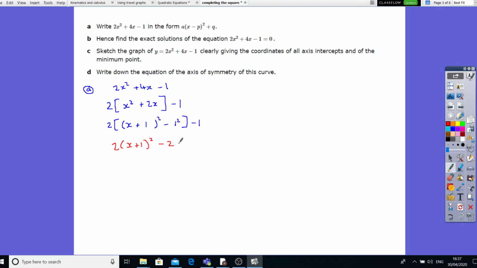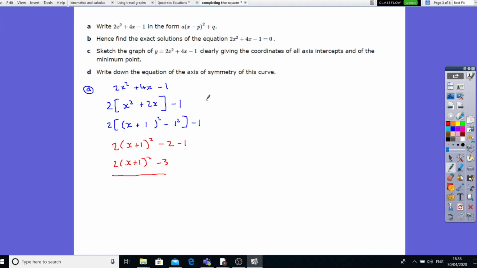Then I bring this back in, which is a minus 1. Neatening all this up gives me 2, open bracket, x plus 1 squared, minus 2, minus 1, which gives minus 3. Okay, so that's the equation.